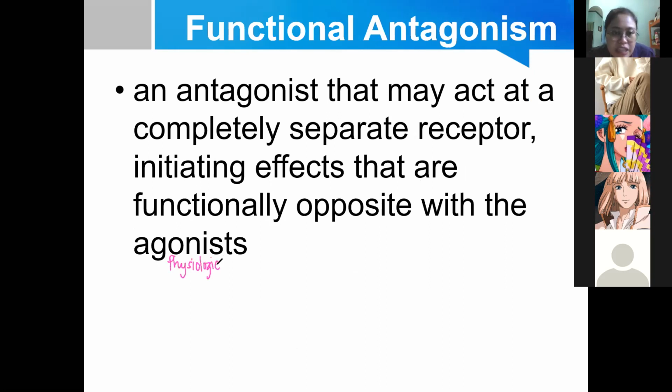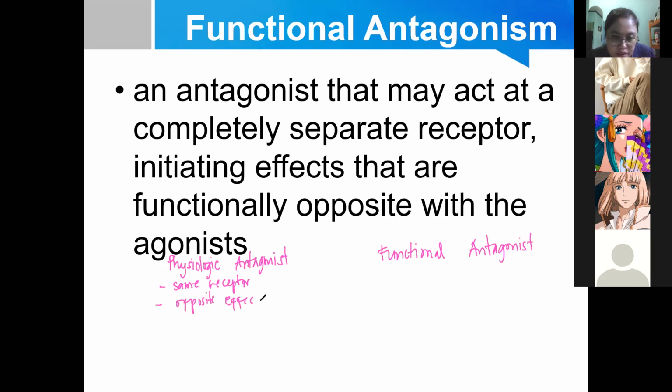Katong mga uban akong gina-mention kagahapon, pwede sila na belong sa physiologic antagonist. And then lahi pod ning functional antagonist. Paano nato siya mas dali masabtan? Pag moingon kag physiologic antagonist, same receptor, opposite effect. Okay? Same receptor, opposite effect.